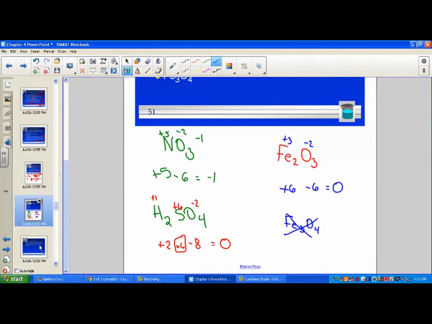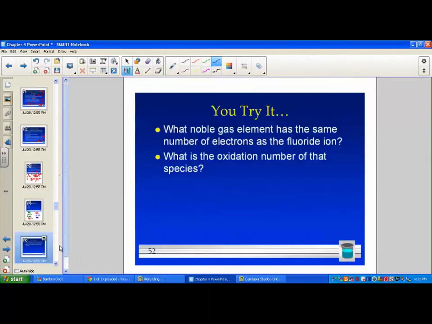Alrighty. After we cross that off, we have a you try it. What noble gas element has the same number of electrons as the fluoride ion? Well, the noble gases, of course, helium, neon, argon, krypton, xenon. So it's group 8A.